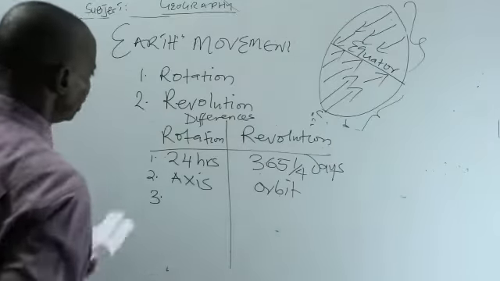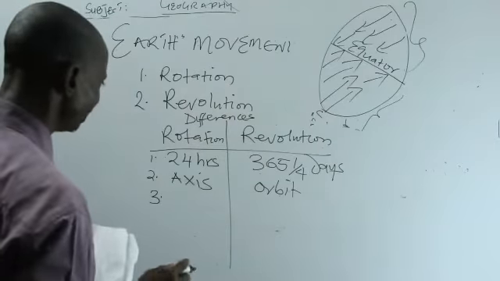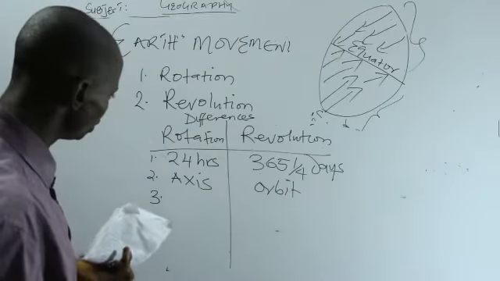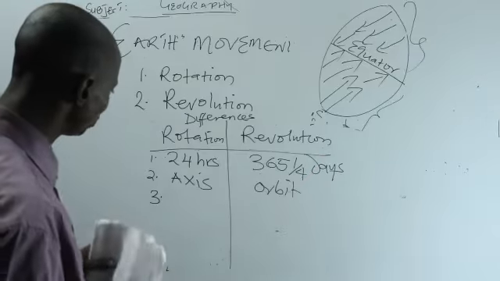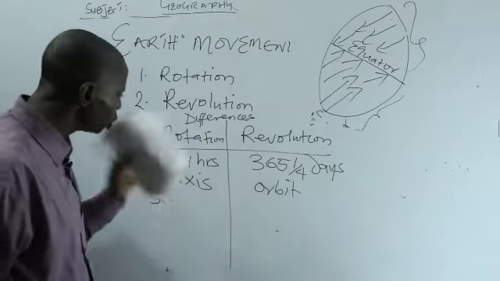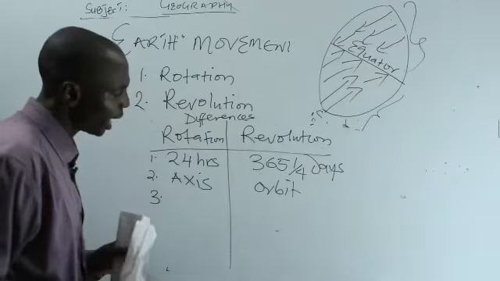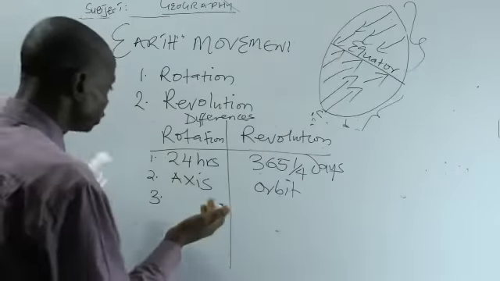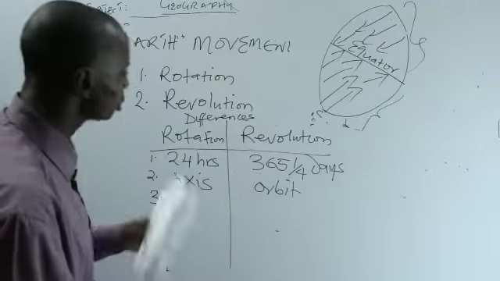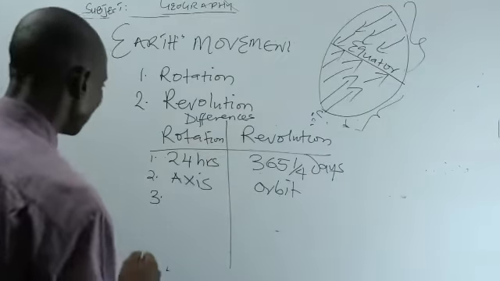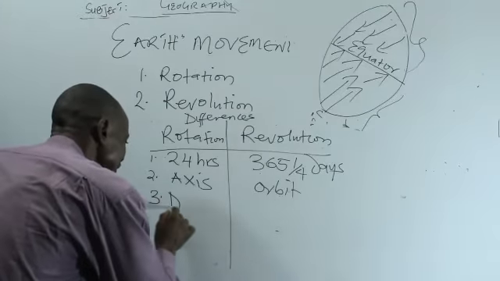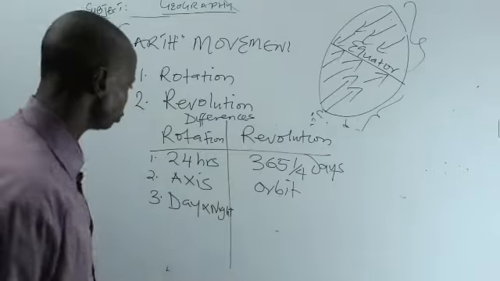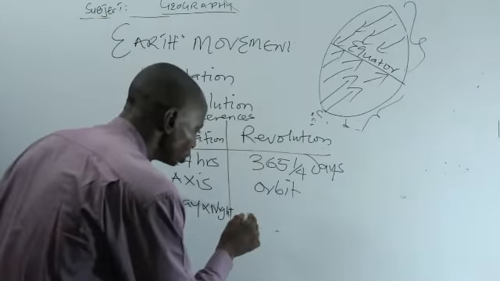Number three, what are the differences again between rotation and revolution? Look at the effects very well and tell us. Number one, the time duration of rotation is 24 hours, while that of revolution is 365 and a quarter days. Now, number three: rotation causes day and night. Here, revolution causes the year.